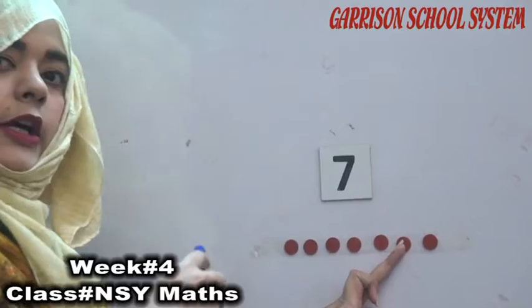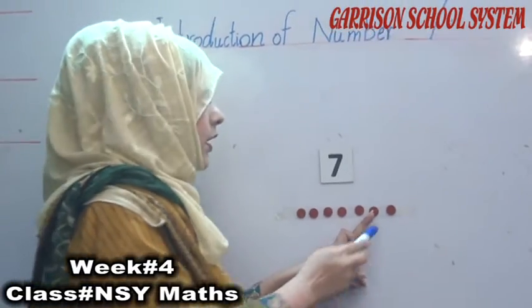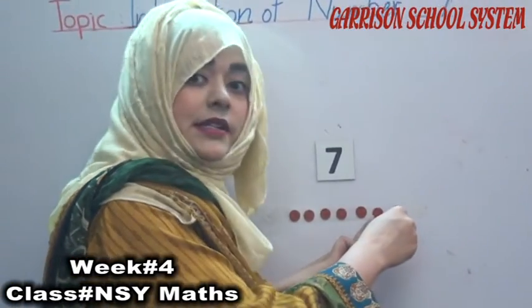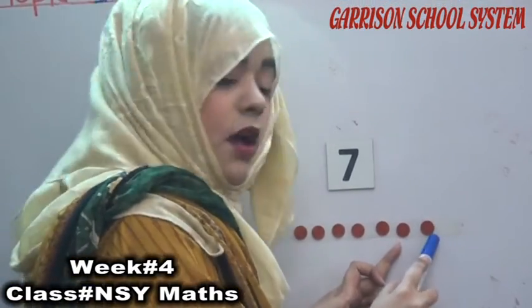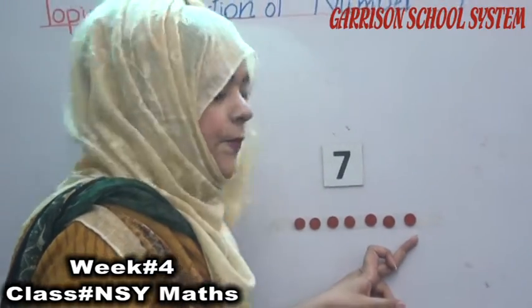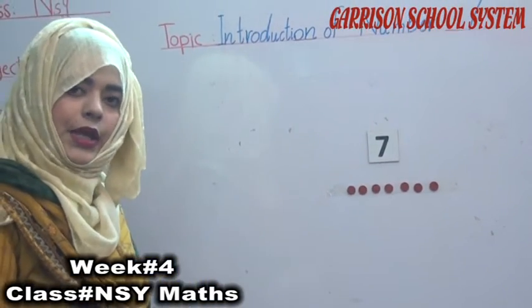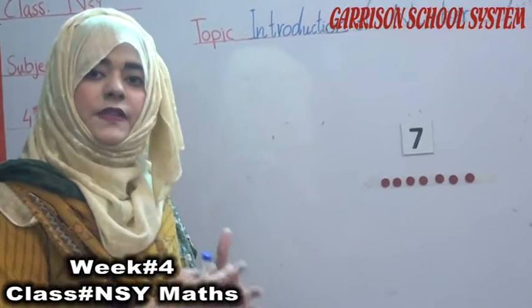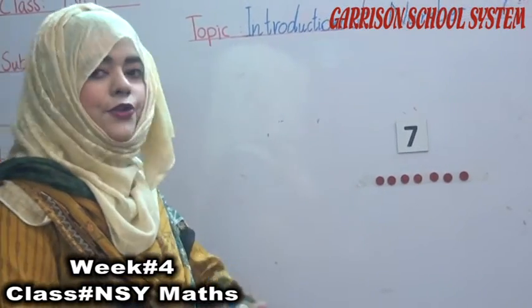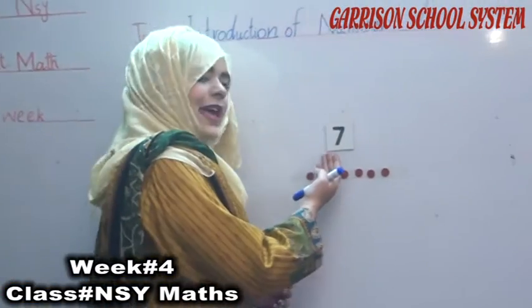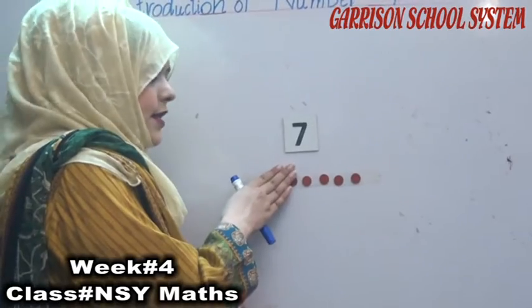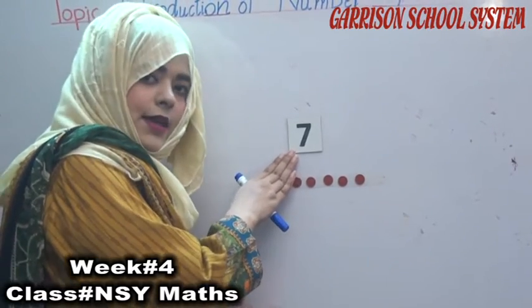You have learned these numbers earlier. Now we are moving towards 7. It's the 7th number in the counting. So you have learned 1, 2, 3, 4, 5, 6 earlier, and today is the turn of 7.